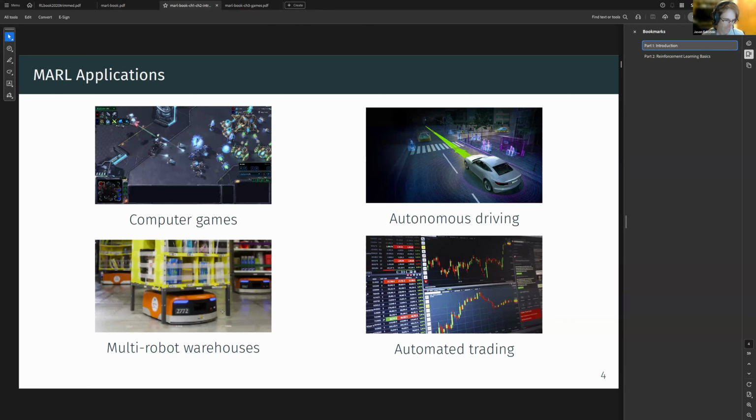But as is explained a little bit later, there might be reasons why you'd want to handle it as a multi-agent problem, mostly because of the action space and how that can become intractably large if you don't split this problem up. But we've seen a lot of the recent success in MARL has been in training these competitive agents to play computer games like this and achieve superhuman performance in some cases.